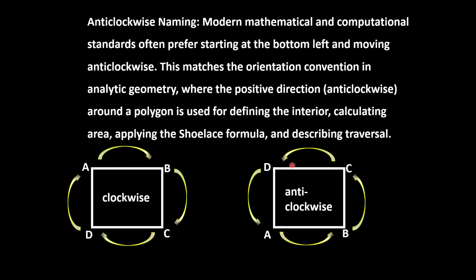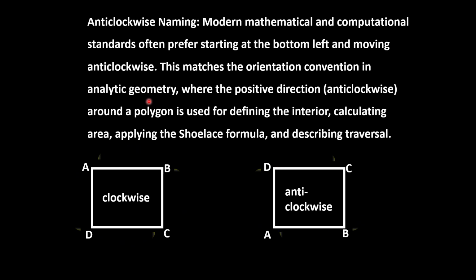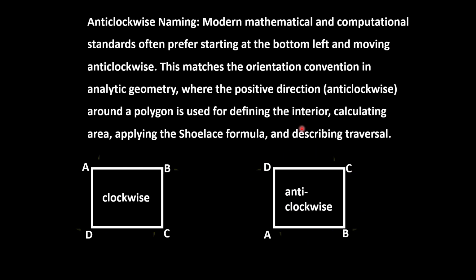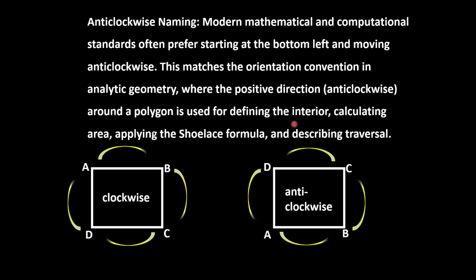So that is the reason why, in consistency with analytic geometry, because positive direction means anti-clockwise, they have shifted to an anti-clockwise naming convention. So now they start at the bottom left and move anti-clockwise, because that is consistent with positive direction, with the definition of the interior, and the calculation of area, applying certain formulae.